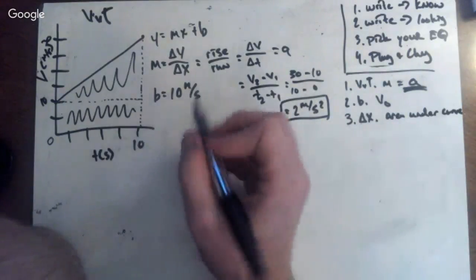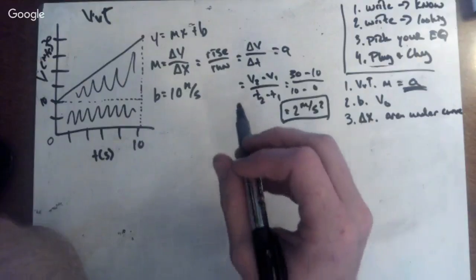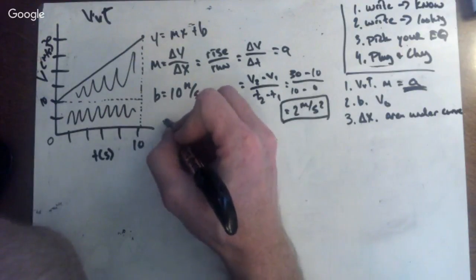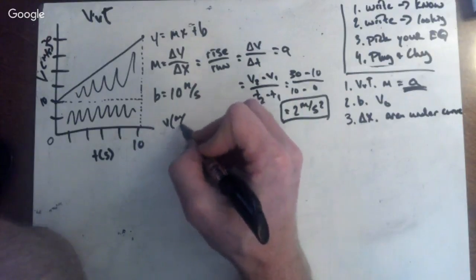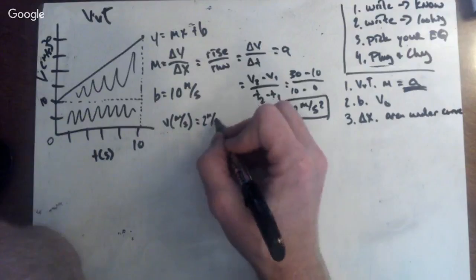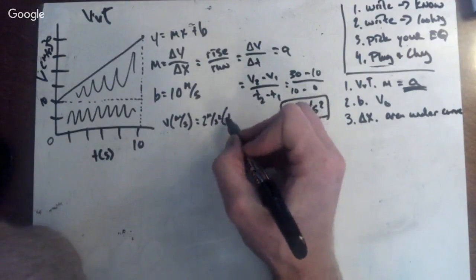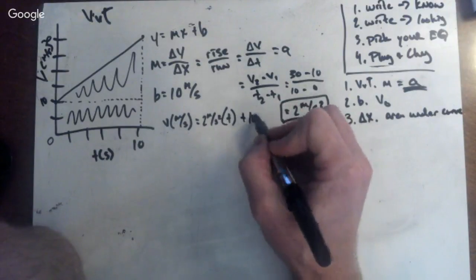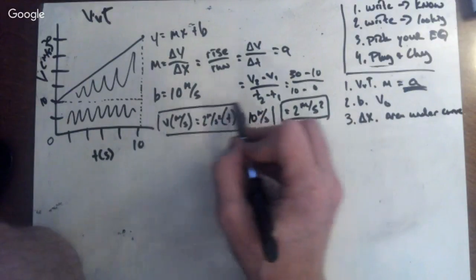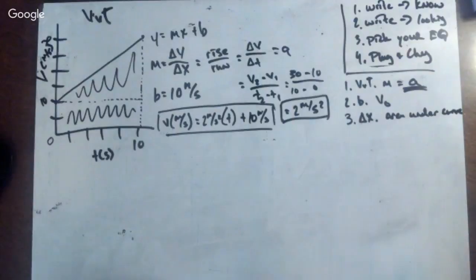Okay, so our equation of the line shown here is our velocity in meters per second is going to be equal to 2 meters per second squared multiplied by time plus 10 meters per second. That is our equation of the line.